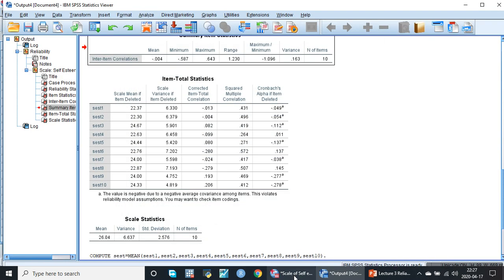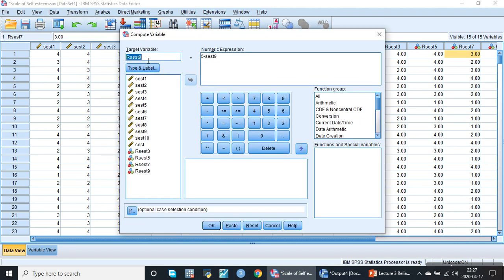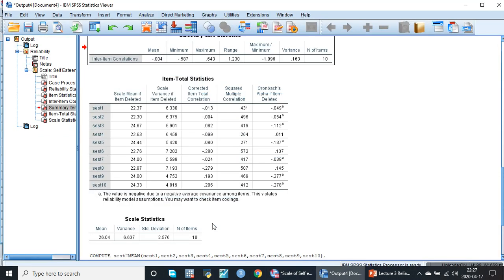OK. Then the last question, that is question 10, reverse coded question 10, and write here 10. It means that we have shifted this question to the numeric expression. Click on OK.